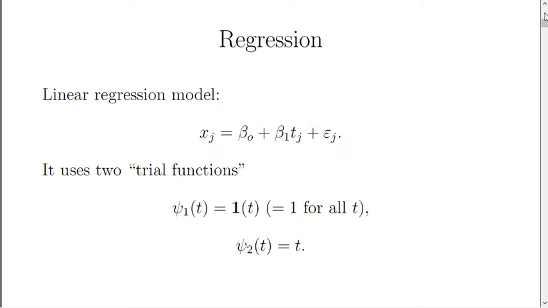This particular model uses two trial functions, at least that's what I call them. One of them is a function of time, psi1 of t, which is the unit function. It takes the value 1 at all times. The other one is a function of time which is just the time function. Psi2 of t is equal to t.